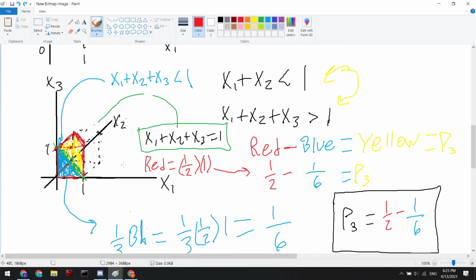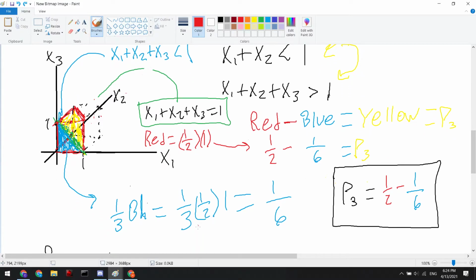Now for the blue pyramid, we take 1/3 base times height, which in our case is just equal to 1/3 times 1/2 times 1, which is 1/6. And so we get that the yellow volume is equal to 1/2 minus 1/6, which we could solve and say is a third, but I'm going to leave it as 1/2 minus a sixth.